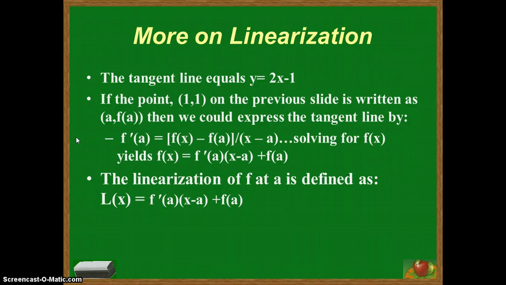This is nothing new. I'm going to solve for f of x, however, and I get f of x equals f prime of a times the quantity x minus a, plus f of a.